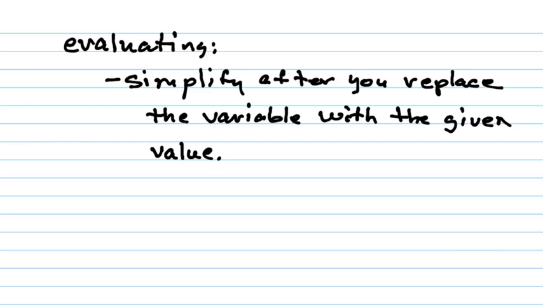And here I use value specifically because it's the root word of evaluate. So anytime you see that word evaluate, that means they're going to tell you a number, and you're going to use that number to do the math, because simplify is the word that means do the math, following the order of operations.